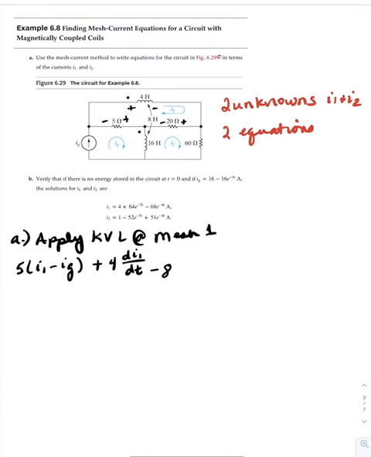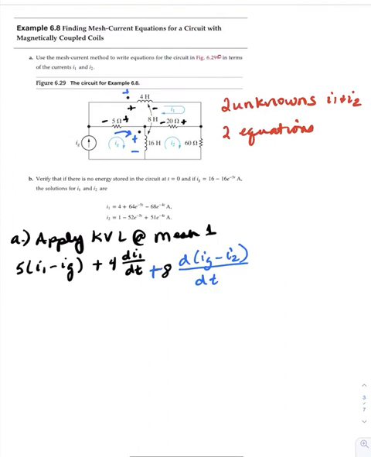So if I sub g is the dominant, it determines the polarity of the voltage across this inductor, then it would be a plus because I sub g is entering, so we would have a plus here, in which case it would be plus 8 d(I sub g minus I sub 2)/dt.